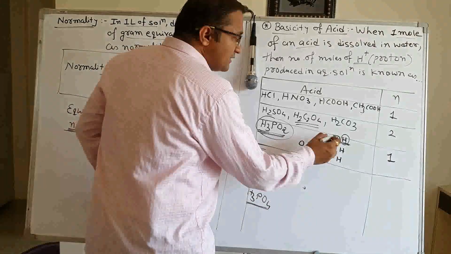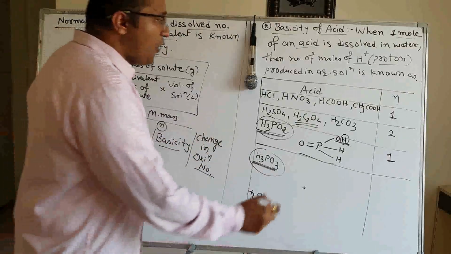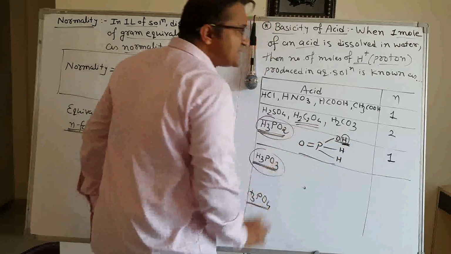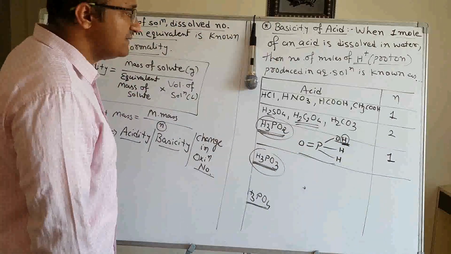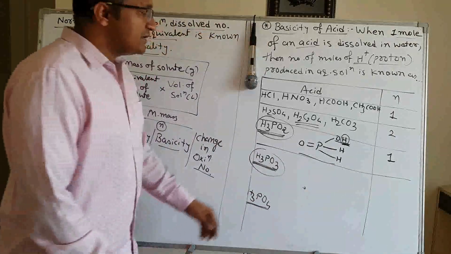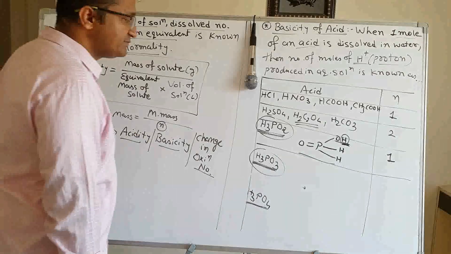So whenever water is in contact with this 1 mole of H3PO2, only 1 mole of H plus will be released, because this hydrogen will be solvated, means hydrated. This PH bond is a non-polar bond. So these hydrogen atoms cannot be released as H plus.